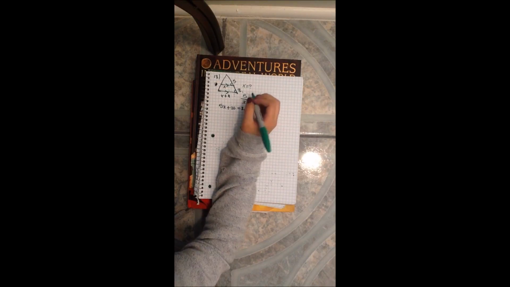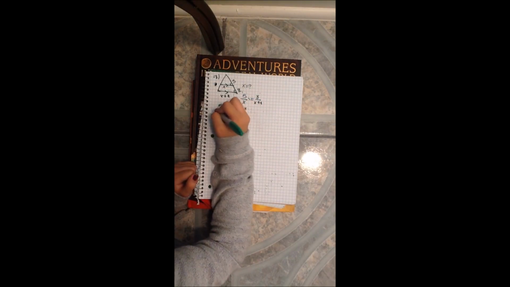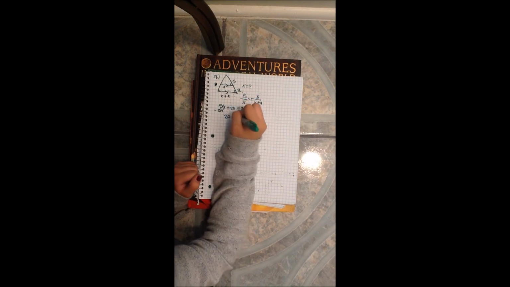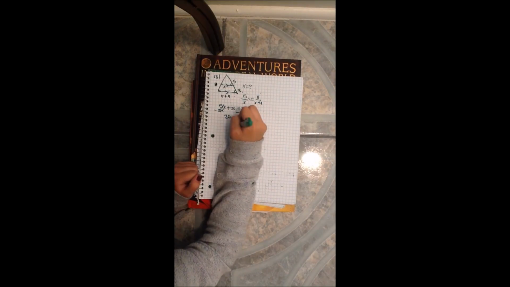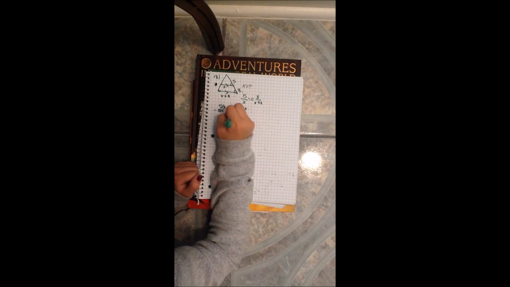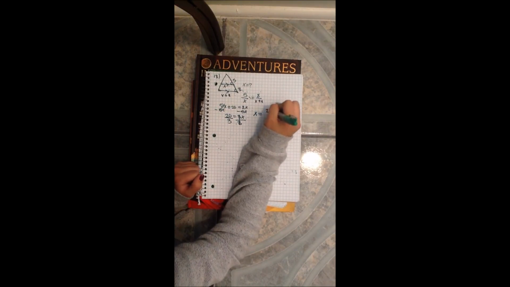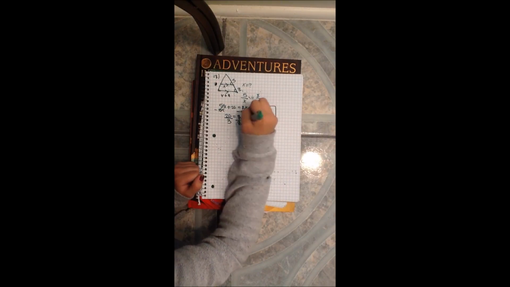And then you want to isolate your 20, so minus 5x, and minus 5x over here, so 20 equals 3x. And then you isolate your x by dividing by 3, cancels out. Divide 20 by 3, and x equals 20 over 3.